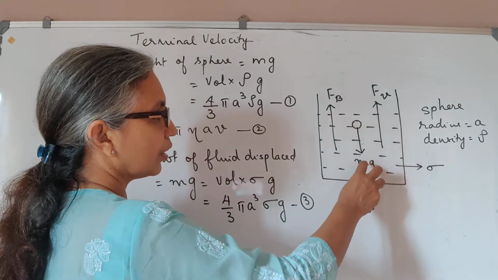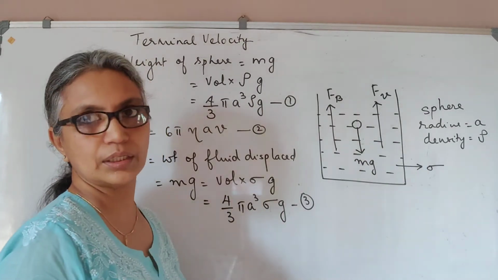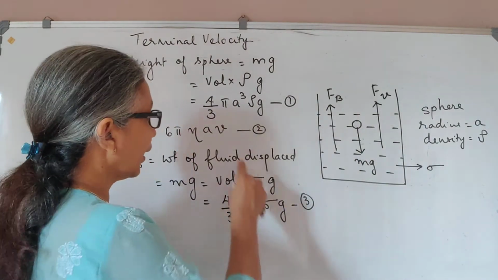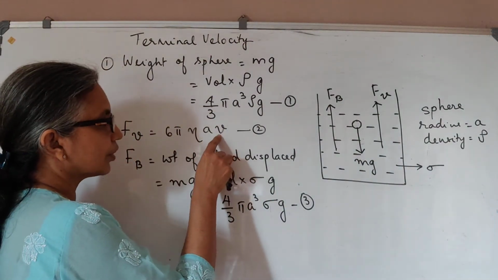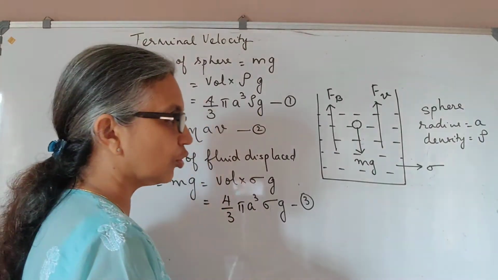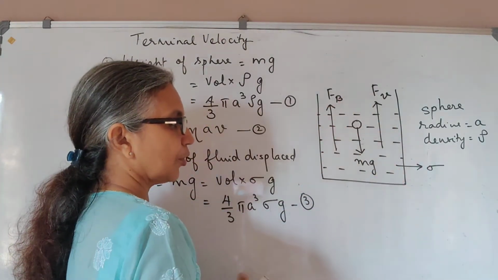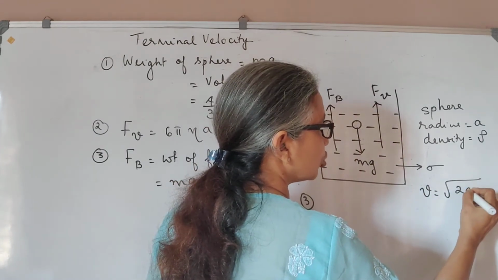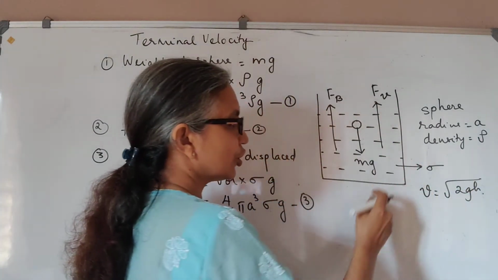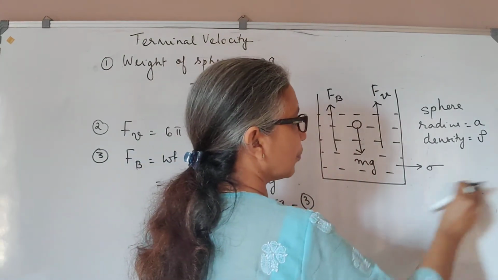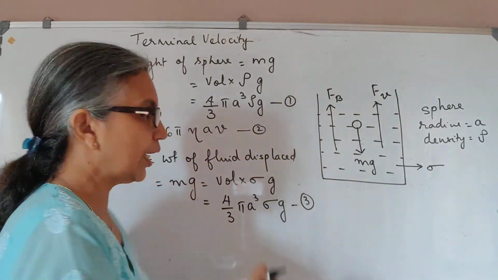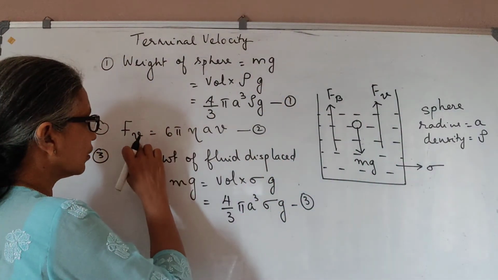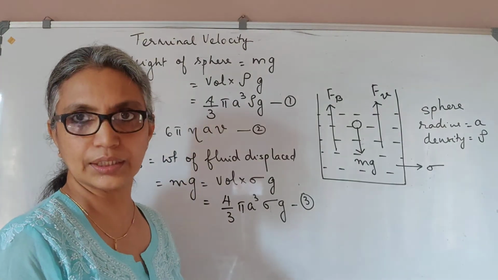So we have our mg and buoyant force remaining constant. But Fv is not a constant because it depends on the velocity. And you know, velocity of a freely falling body is given by root of 2gh. So as h increases, the velocity of that body goes on increasing, and as the velocity increases, the viscous force goes on increasing.